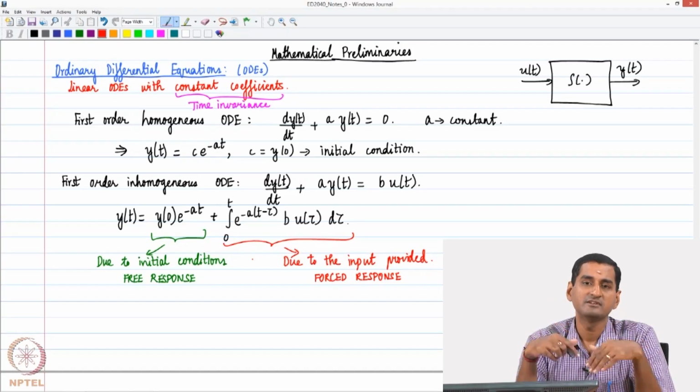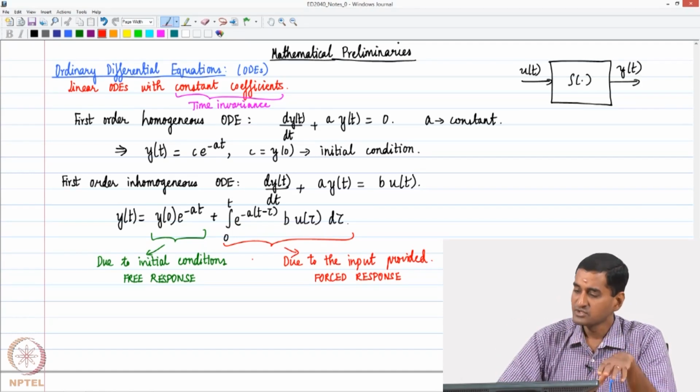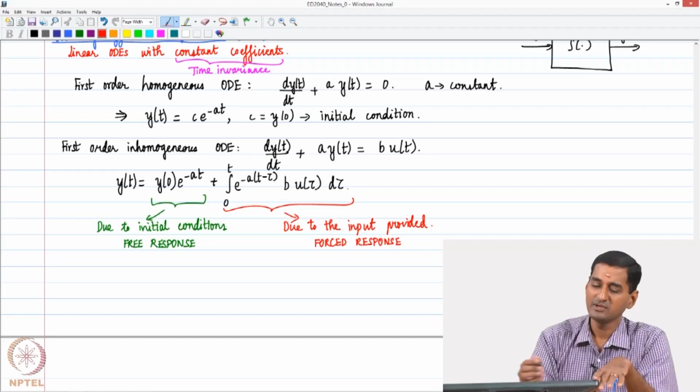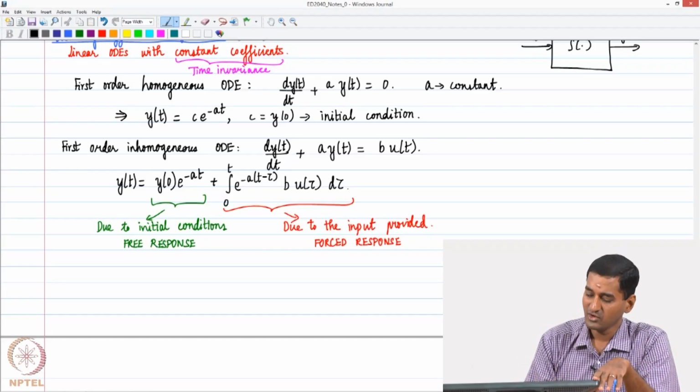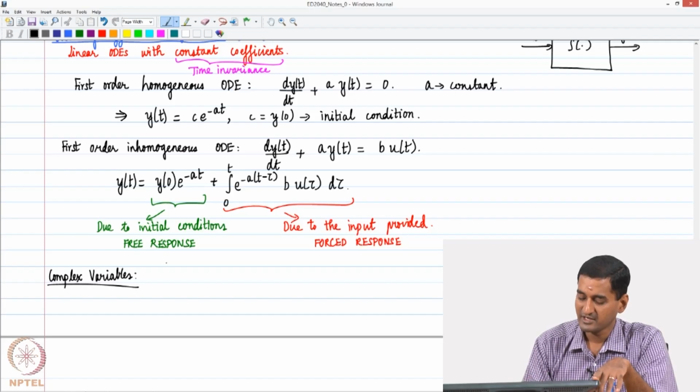Then we take the inverse Laplace transform to come to the time domain. So, let us look at complex variables, then we will come back to ODEs, and see how we use the Laplace transform on ODEs and then process them.